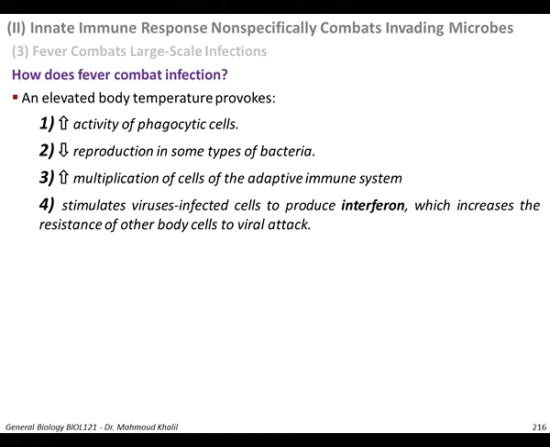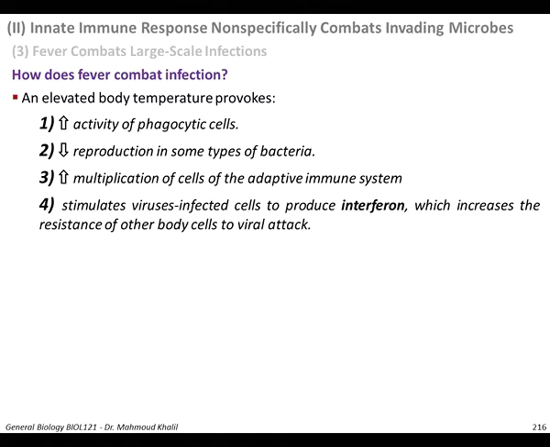The fourth mechanism of fever is that it stimulates the virus infected cells, in case there are virus infected cells, to produce a very important chemical, which is the interferon. This interferon, which is secreted from the virus infected cells, will increase the resistance of other body cells to viral attack.